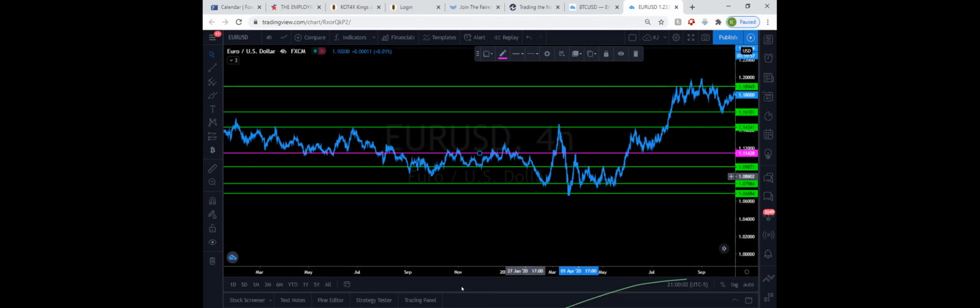So does anybody have questions about support and resistance, how to find it, or trends? I'm going to put some pictures in the group chat for you guys because not everybody is going to go back and watch this, although you should. And it's nice whenever you're looking at your chart to not have to go and find a video and rewind it or fast forward it.